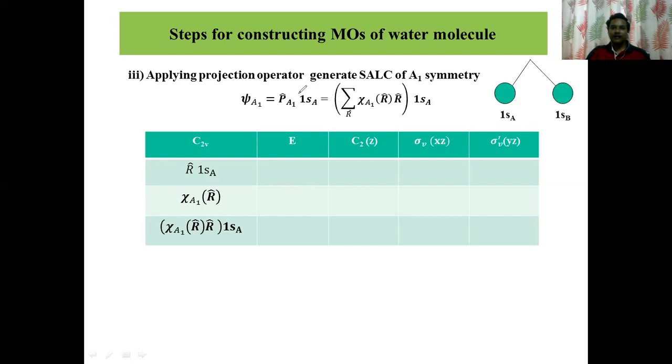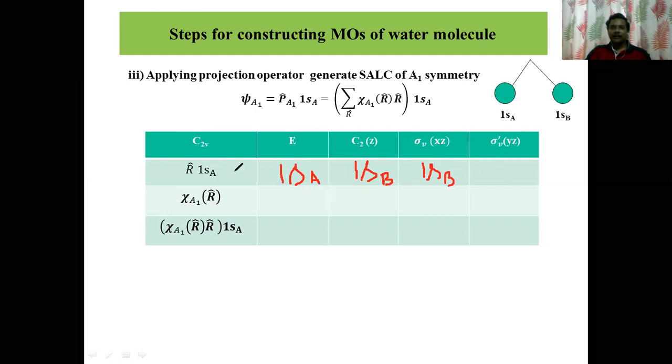If we apply the identity operation on 1s A, this remains 1s A. Now if we do C2 along Z, this 1s A goes to 1s B. Then in the same way, if I do sigma v XZ, 1s A goes to 1s B, and for the YZ plane, 1s A remains 1s A.